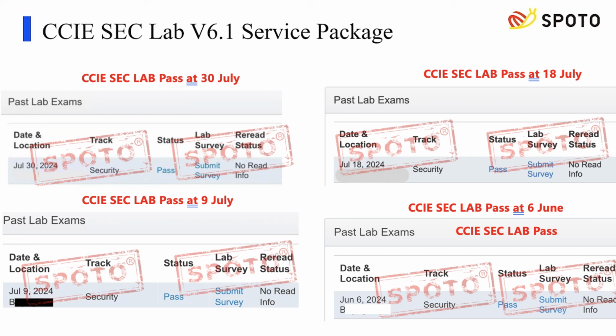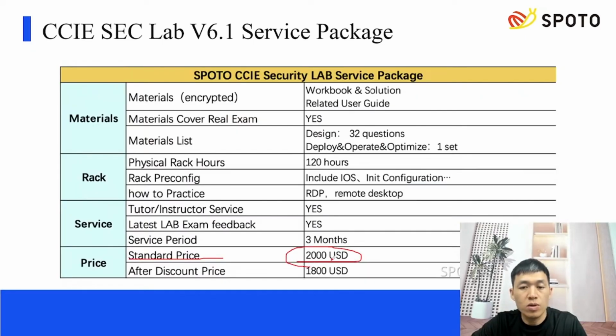Alright, once again, we will take a look at our service package. Even though we have covered this before, here the standard price for the new version is $2,000. After discount price, it will be $1,800. We will provide you 3 months service.